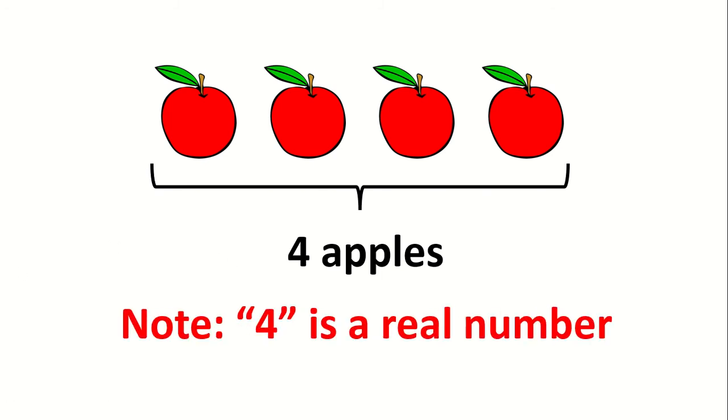And that 4 in this situation is a real number based on our lesson this quarter. Specifically, it's an integer, but it is also a real number. We will further discuss real numbers in the next set of lessons.